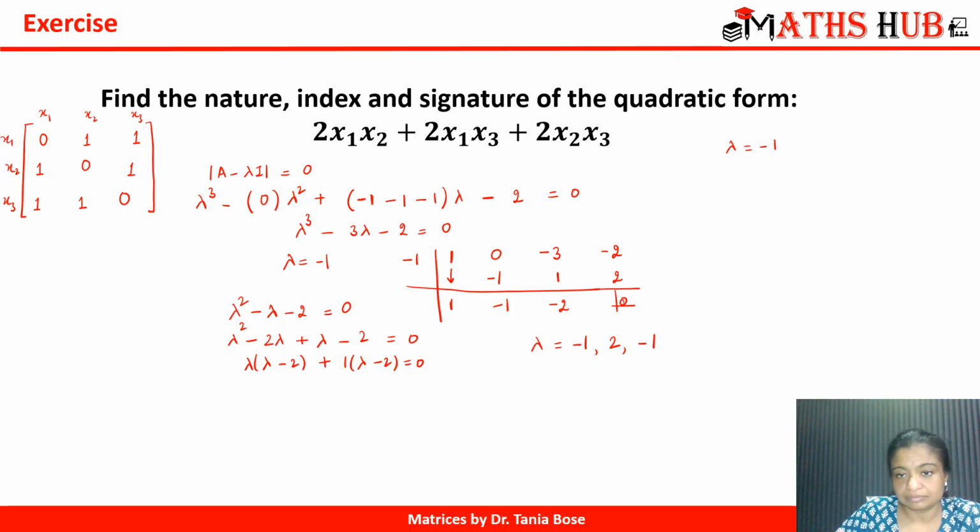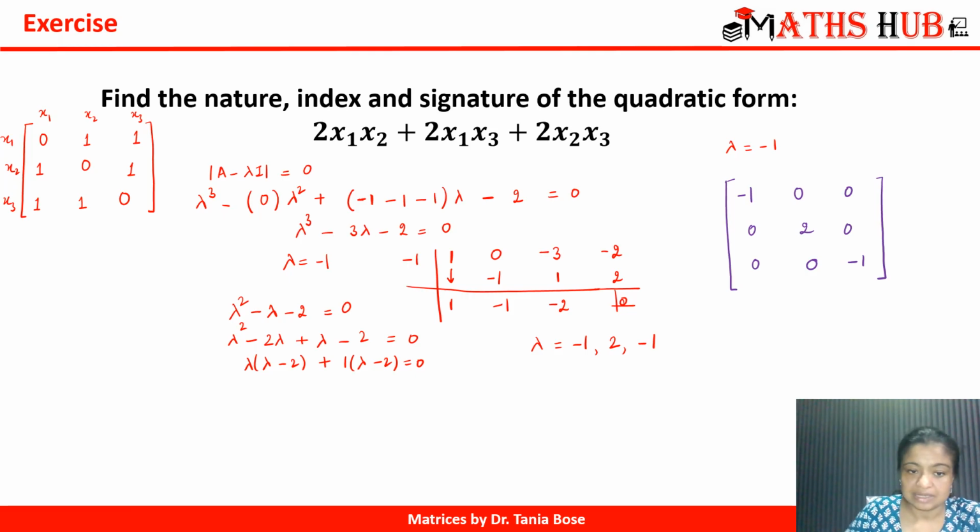So if I try to diagonalize this matrix, I will get the entries minus 1, 0, 0, 0, 2, 0 and 0, 0, minus 1. Right? Now, these are my diagonal positions. Now, let us check what is the nature. I can see one eigenvalue is positive, the other two eigenvalues are negative. So what is the nature according to the previous video?